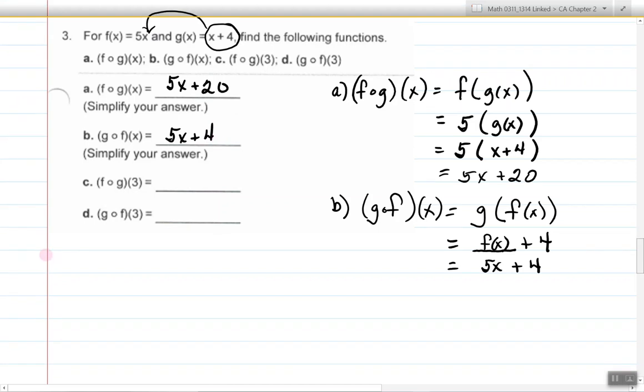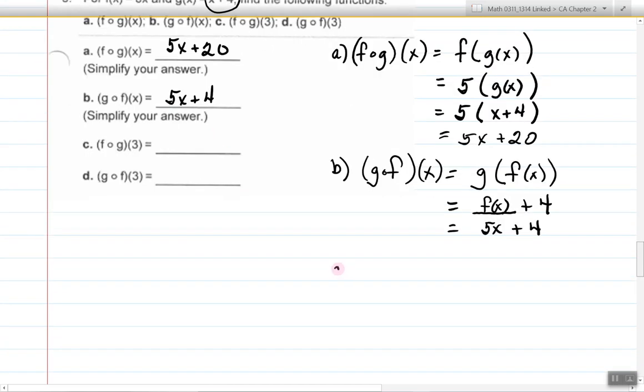Now to find f composed with g of 3, the quickest way is to just go up here and get the definition for f of g of x, which is 5x plus 20.